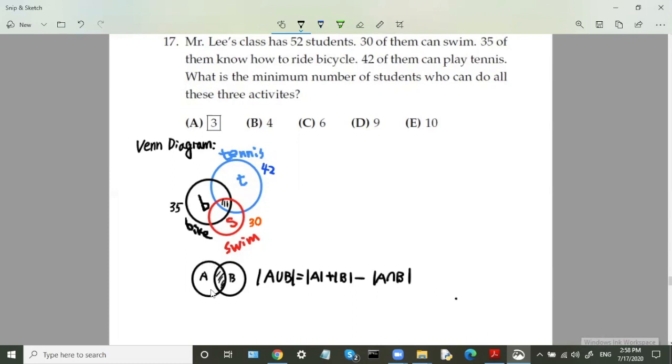Because when we add A and B, we actually add this copy twice. We only need 1 copy, so we subtract 1 copy. So let's look at these 3 sets intersecting each other.